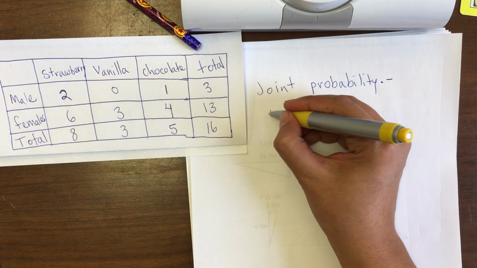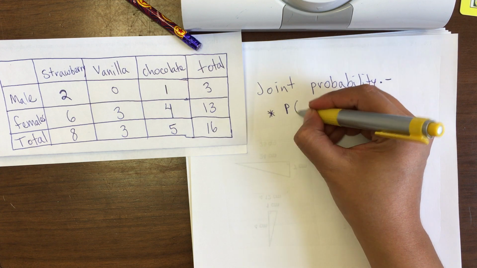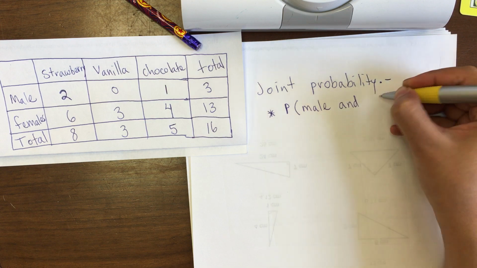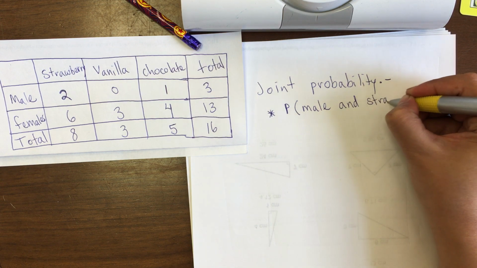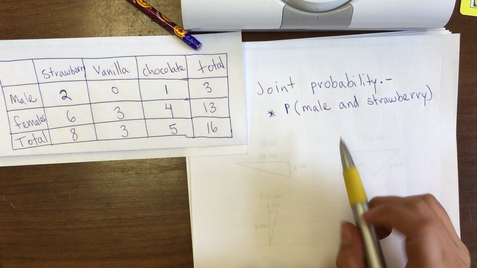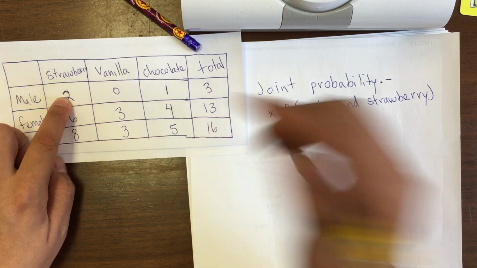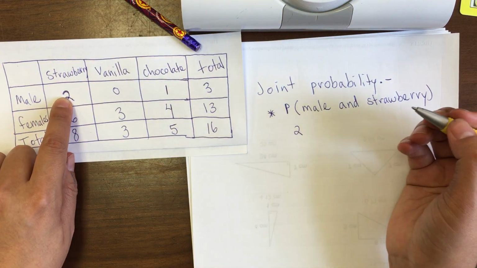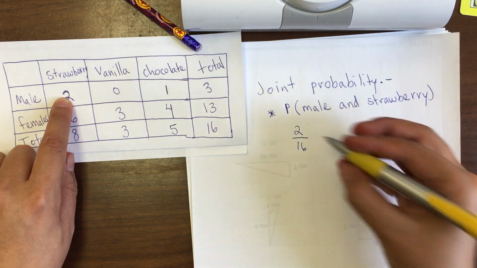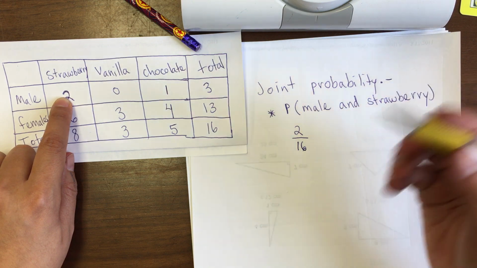So I'm going to show you some examples. For example, we can say, what is the probability of somebody being male and liking strawberry? So we go to male and strawberry, that's going to be 2 out of 16 students. Okay, 2 out of 16 students like strawberry and are male.